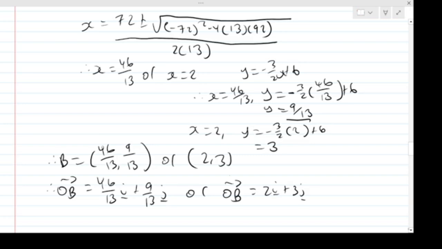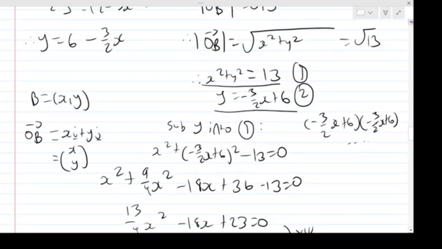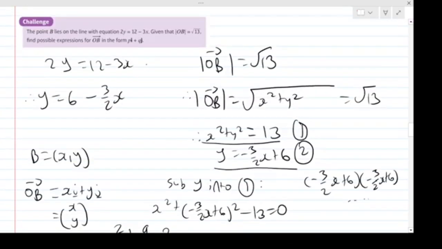Hopefully that illustrates, to not overcomplicate it, that the position vector from the origin to a point, say B, is literally the coordinate of B in vector form. It's just a coordinate effectively.